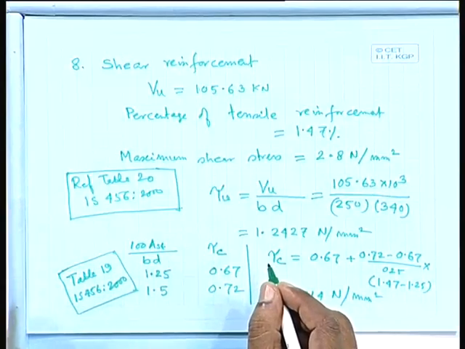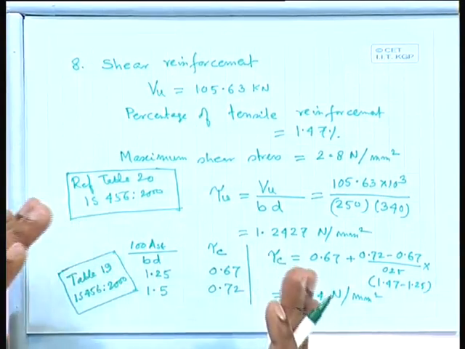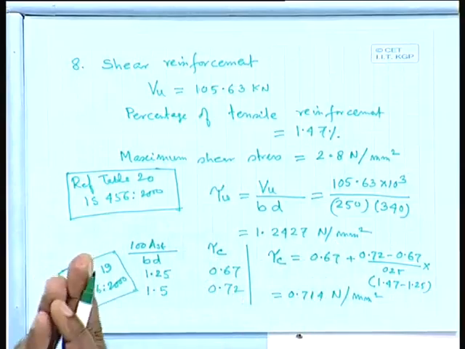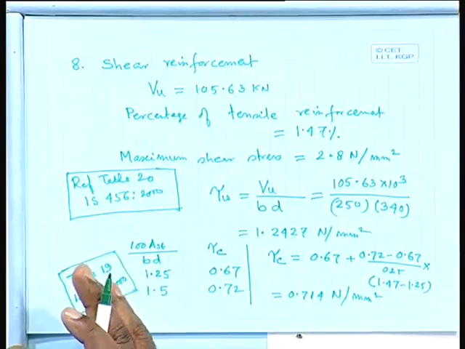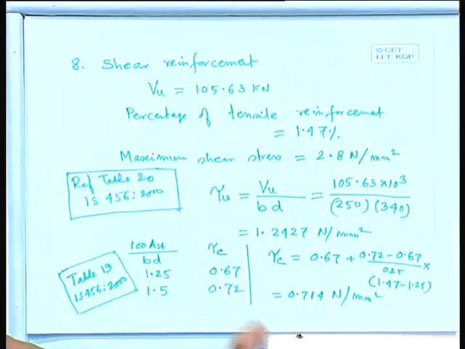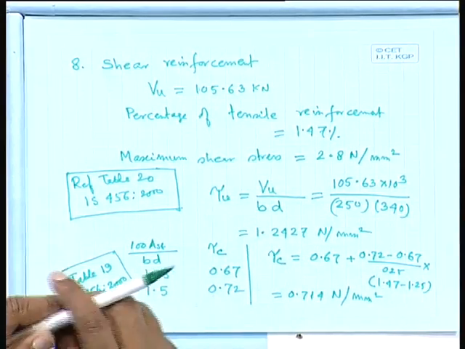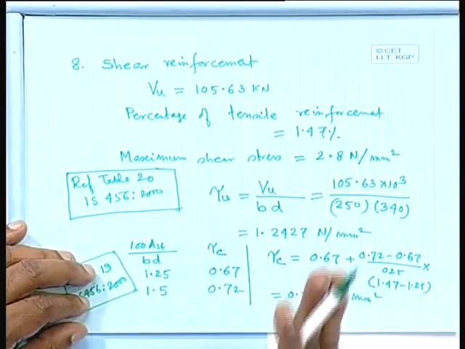The shear stress, tau C times BD, whatever shear force we get, will be taken care of by the concrete, due to aggregate interlocking, compression of the concrete zone, and also the dowel action of the tensile reinforcement steel.